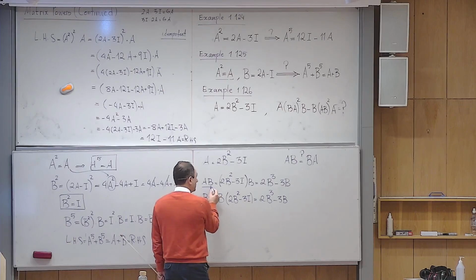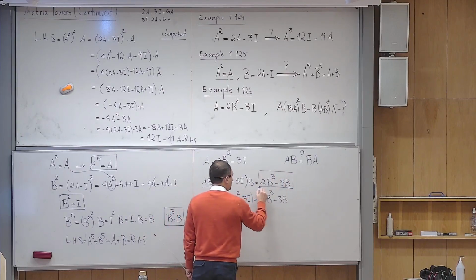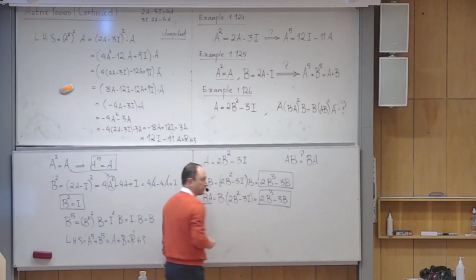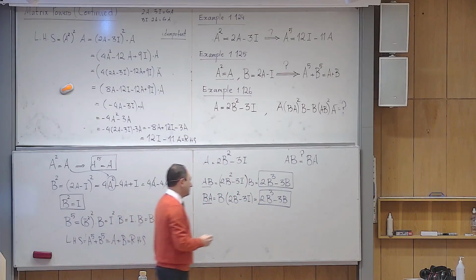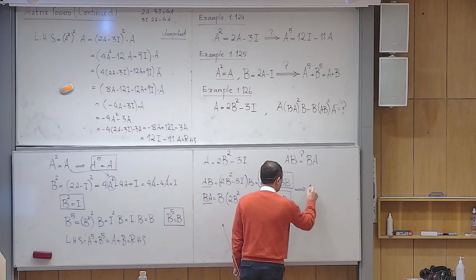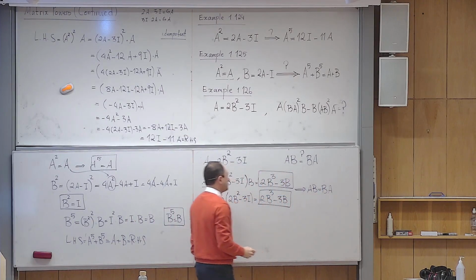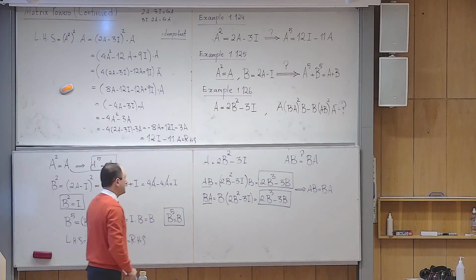So this one is equal to that. This one is equal to the same thing. So this means that these two matrices actually commute. So it's also interesting to see that sometimes you can prove these things very easily, okay?